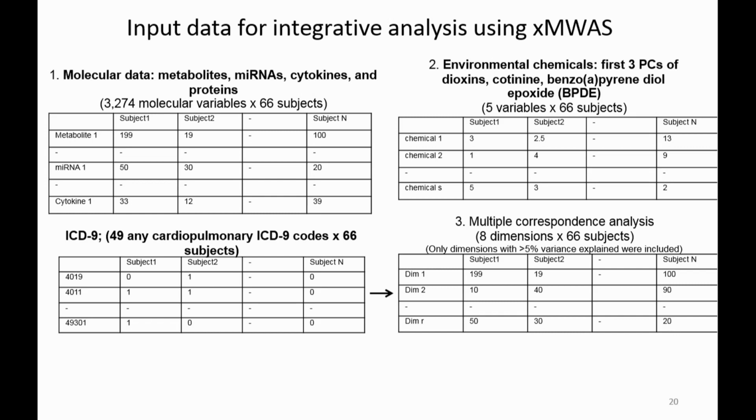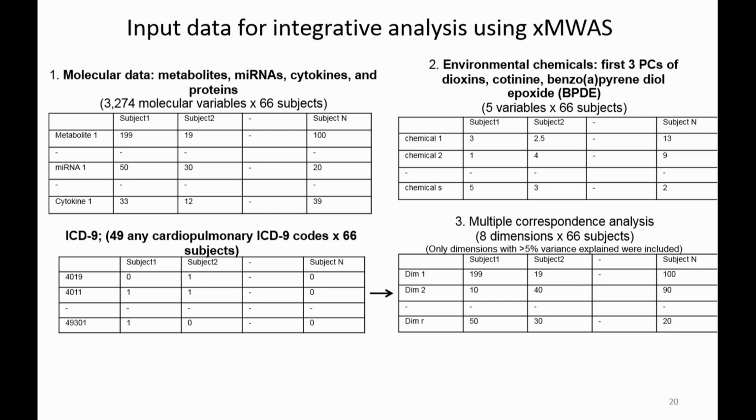In the second matrix, we had the environmental exposure data. So we used the first three principal components of the dioxins. We had to do that because of missing values. We had cotinine levels, and then we had measurements for benzopyrene diol epoxide. And then the third dimension was the health outcomes.